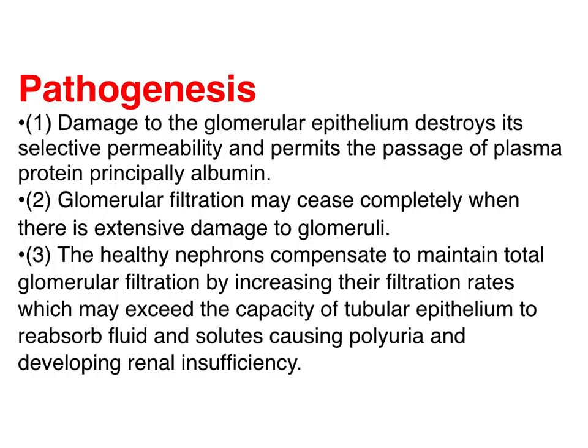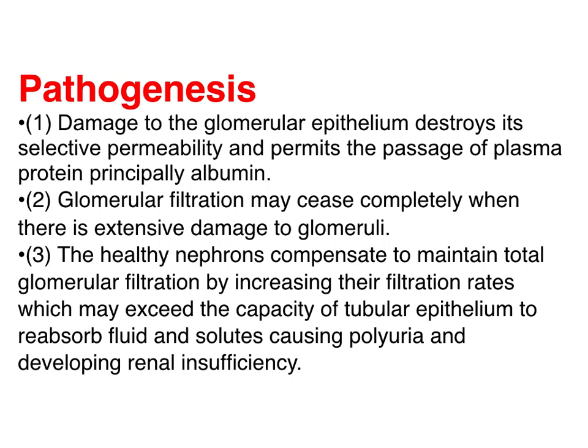What is the pathogenesis? First of all, damage of the glomerular epithelium destroys its selectivity, affecting permeability and permitting the passage of plasma protein, principally albumin. Albumin is the protein that affects permeability between tissues, especially in the kidney. Glomerular filtration may cease completely when there is excessive damage to glomeruli.